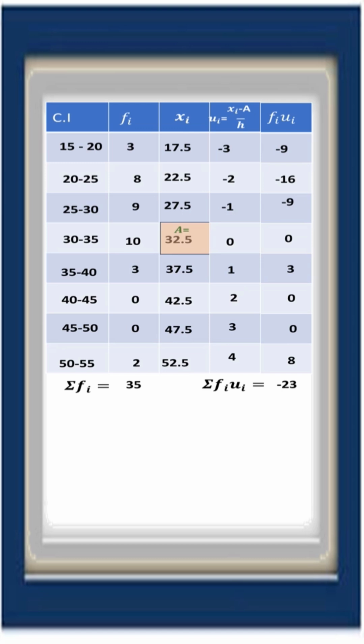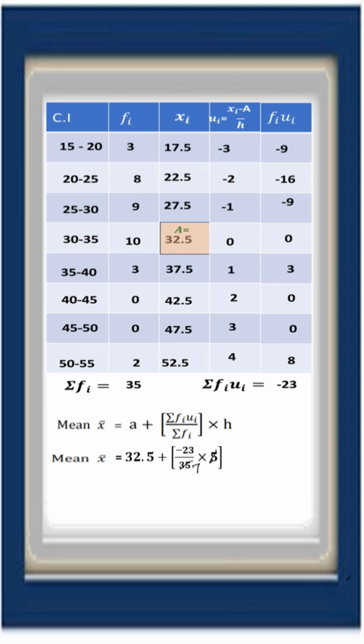Now we have summation of fi, that is 35. Summation of fi ui is negative 23. Assumed mean is 32.5. Class size is 5. Now let us substitute the values in the formula: a plus (summation of fi ui upon summation of fi) into h. Here 5 ones are 5, 5 sevens are 35.